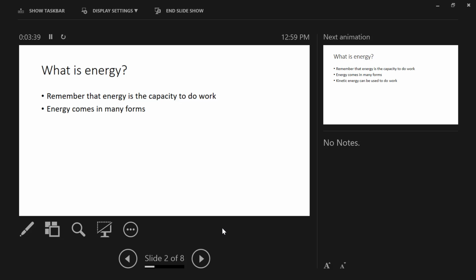Also remember that energy comes in many forms. And so we've even seen this. We've seen kinetic energy, we've seen potential energy, we've seen heat energy, right? Heat absorbed, that Q that we saw when we first talked about the first law of thermodynamics. Now, kinetic energy, it's very obvious how that is used to do work, right?